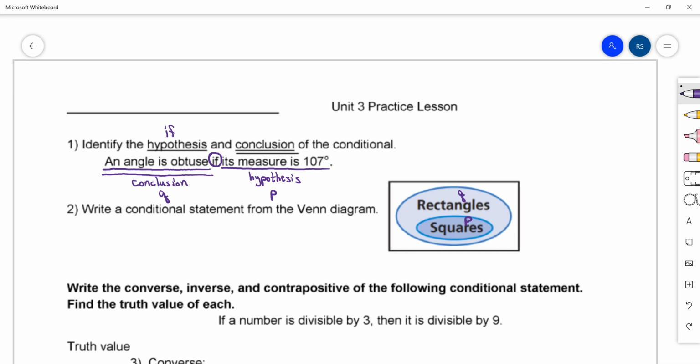So squares is our P, rectangles is our Q. So we'll just say if a shape is a square, then it is a rectangle.